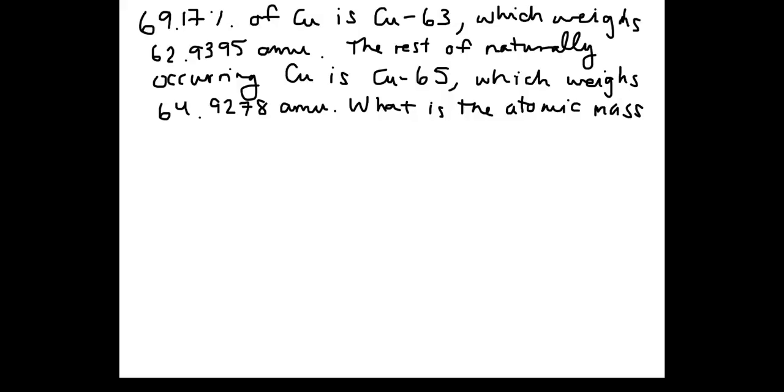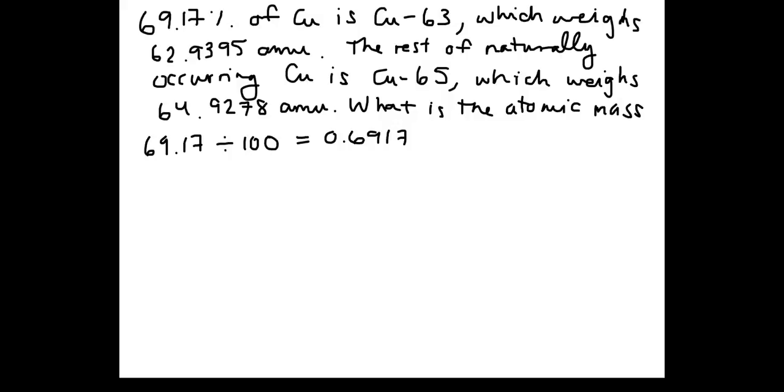Let me walk through this. So first, let's turn these percentages into decimals. 69.17 divided by 100 equals 0.6917, and that's the decimal of copper 63.